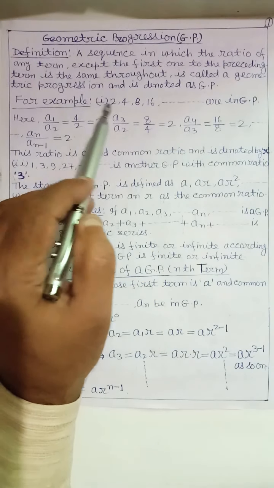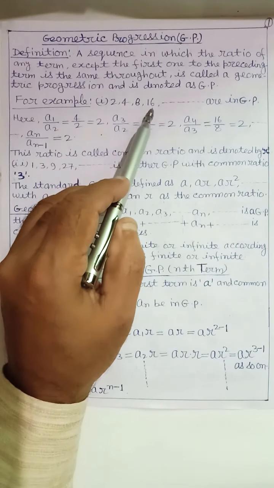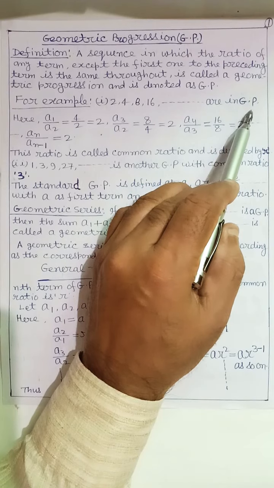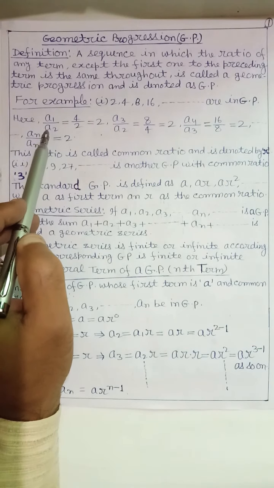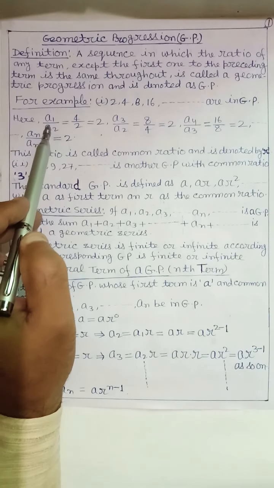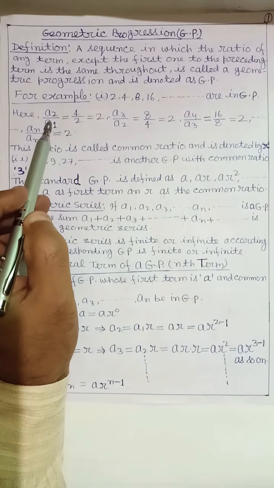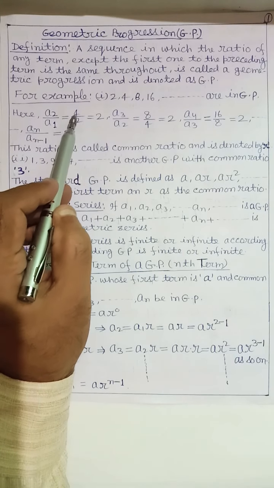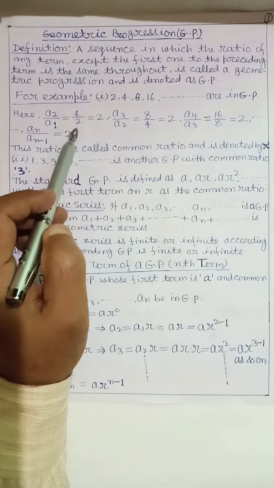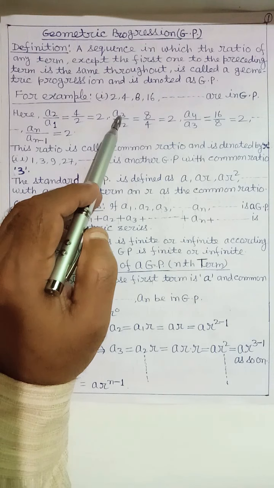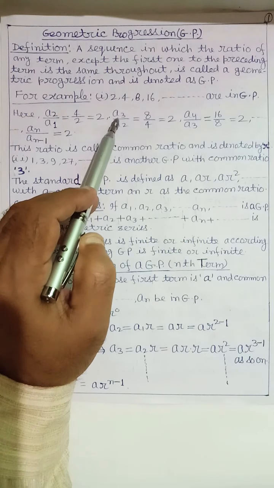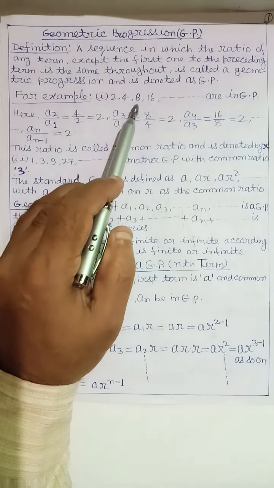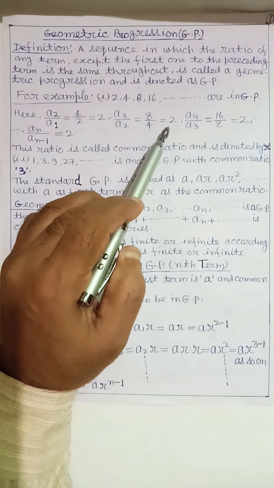For example, 2, 4, 8, 16 and so on are in GP. Here A2 by A1 equal to 4 by 2, we get 2. A3 by A2, means third term by second term, equal to 8 by 4, that is also 2.